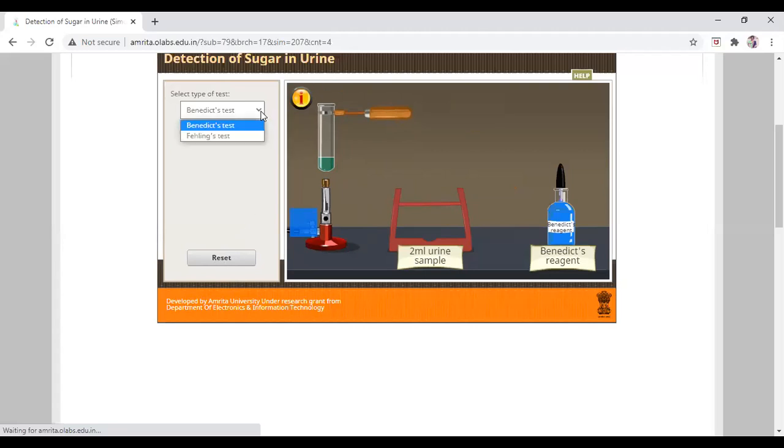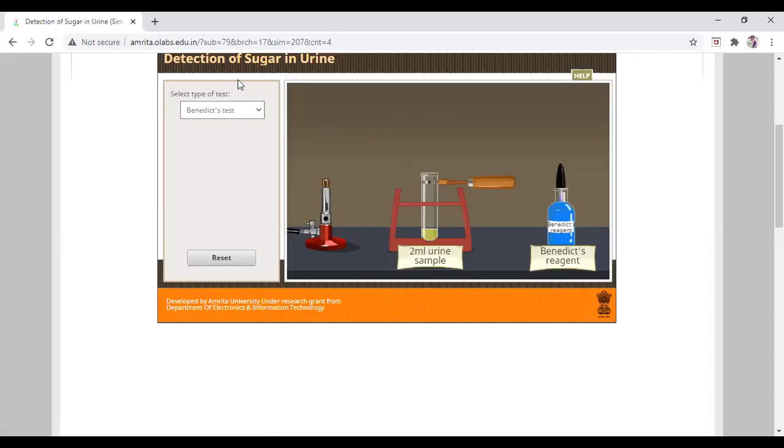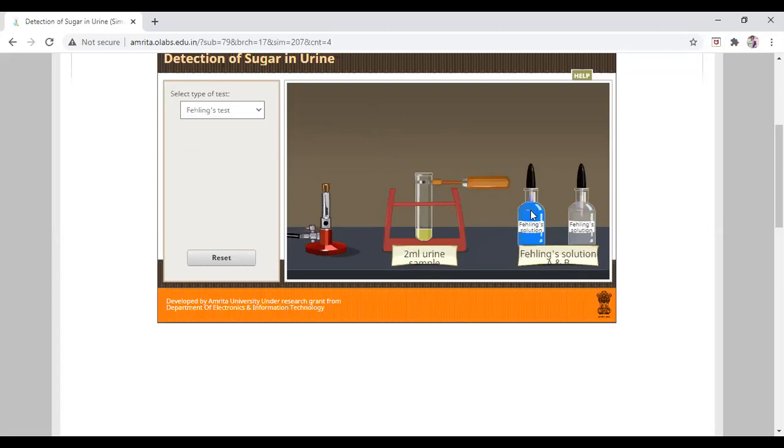Okay, now we will do the Felling test. So first we will add Felling solution A in the urine sample.